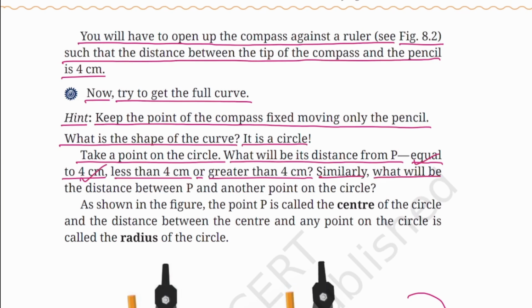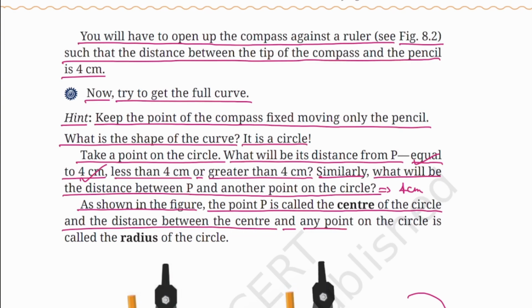Similarly, what will be the distance between point P and another point on the circle? It will always be 4 centimeters. As shown in the figure, the point P is called the center of the circle, and the distance between the center and any point on the circle is called the radius of the circle.